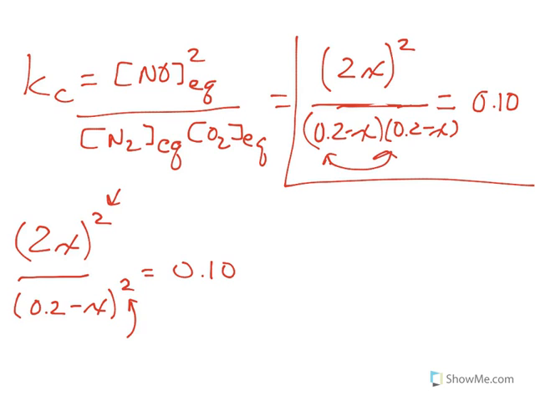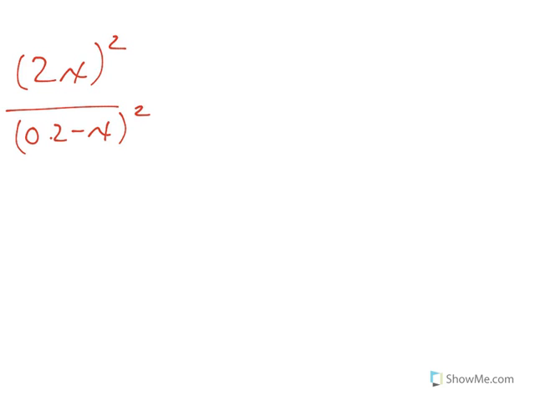So what I can do is I can take the square root of both sides, and that will greatly simplify this equation. So I'm going to move to another slide, and I've got 2x squared over 0.2 minus x squared. And if I take the square root of that whole thing, I also need to take the square root of the other side, which was 0.10. All right?